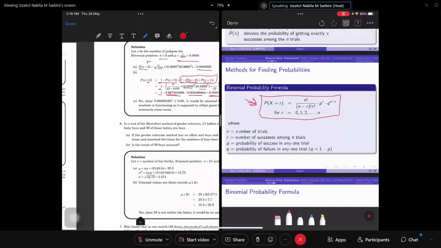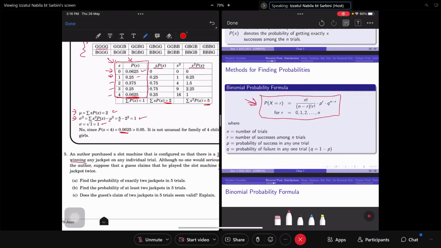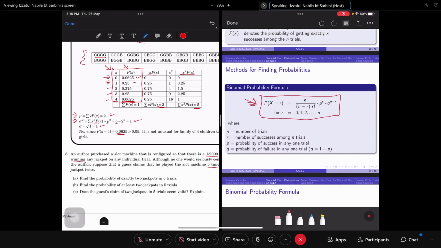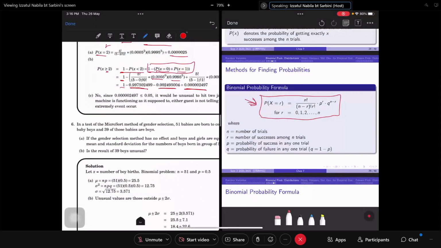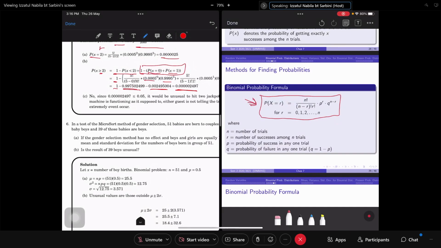So question C, does the guest's claim of two jackpots in five trials seem valid? Explain. So the answer will be no, because the probability of getting two jackpots is less than 0.05. So it will be unusual because it is less than 0.05.